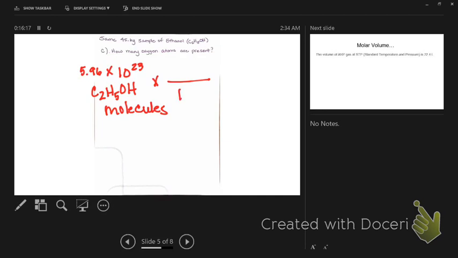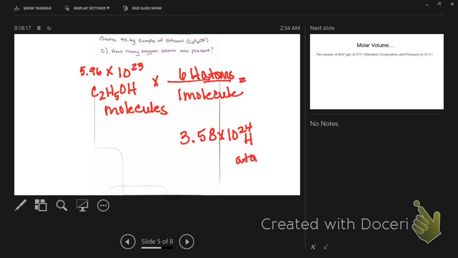So I know in one molecule there are 6 hydrogen atoms. Okay. And boop, boop, boop, I do the math, and I end up with 3.58 times 10 to the 24th hydrogen atoms. Okay, and I'm going to box that answer because that is my final.